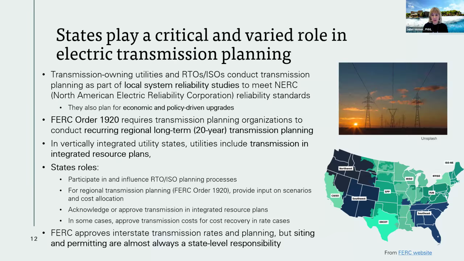Well, states will participate in and influence the RTO and ISO planning processes. If their states are within an RTO or ISO, they'll be engaged in that planning process. FERC Order 1920 actually has even more explicit roles for states when it comes to providing input on scenarios that are modeled and cost allocation.